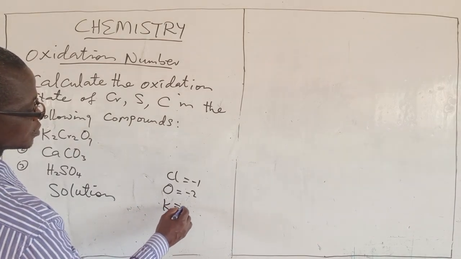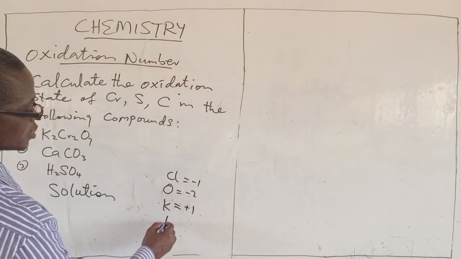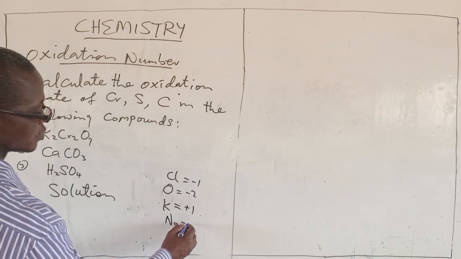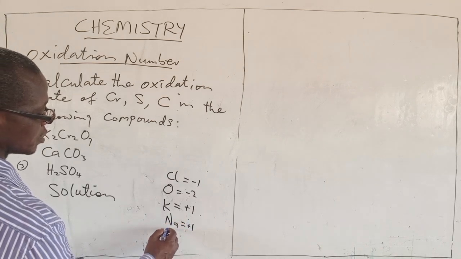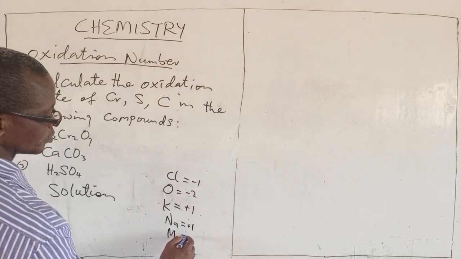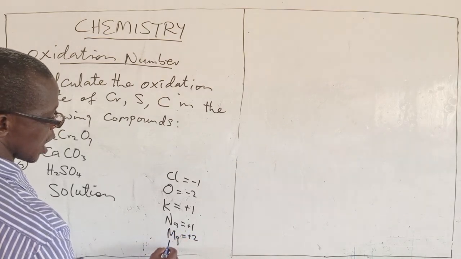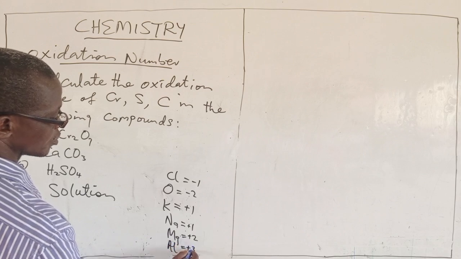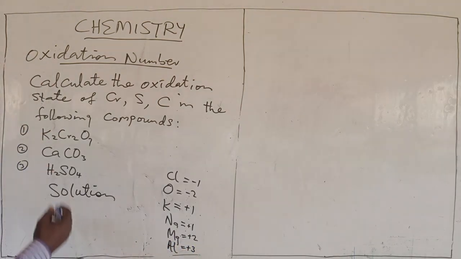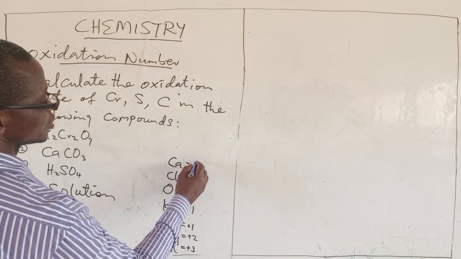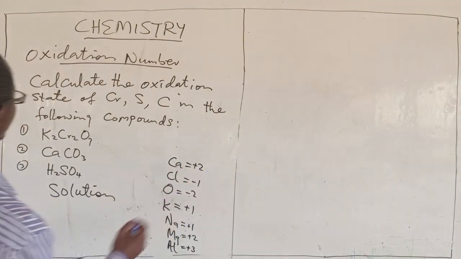Potassium is +1. Sodium is +1. Magnesium is +2. Aluminium is +3. There are some elements like that. Calcium is +2.